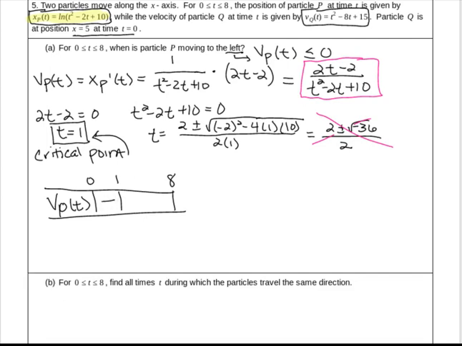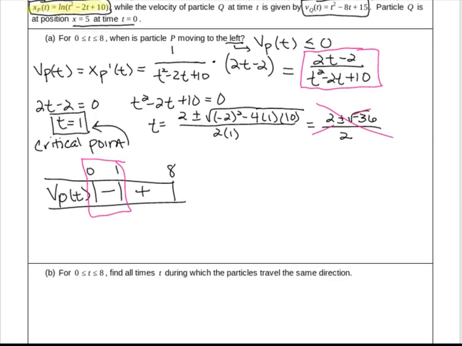And then let's say I plug in, I don't know, t equals 4. I would have a positive over a positive, so that would end up being positive there. And the place that I care about then is where it's negative because I'm looking for where the particle is moving to the left. So it's going to be from 0 to 1.